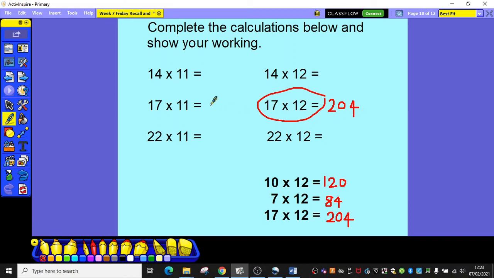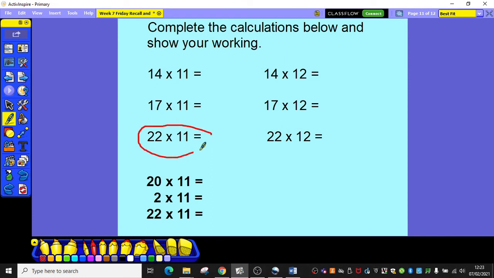And then I'm going to take away 3 more to get to 187. And let's just check I'm happy with that. If I add 17 back onto this number, add 10, I get 197. And then add 7 more to that, I'd get 204. So yes, I am happy with that number. So again, on this occasion, I've used my knowledge of multiplying by 12 to help me work out multiplying by 11.